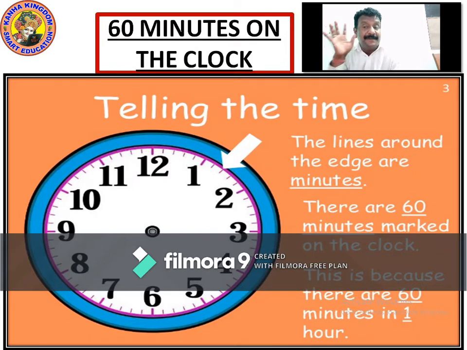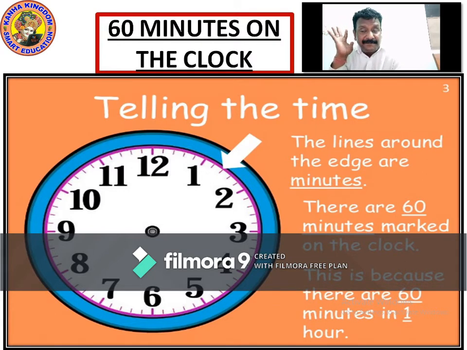From 1 to 2, it is again 5 minutes. From 2 to 3, it's again 5 minutes. From 3 to 4, it is again 5 minutes. 4 to 5, it's 5 minutes. 5 to 6, it's again 5 minutes. When you calculate this 5 minutes, what is the total number counted here? 1 to 12.